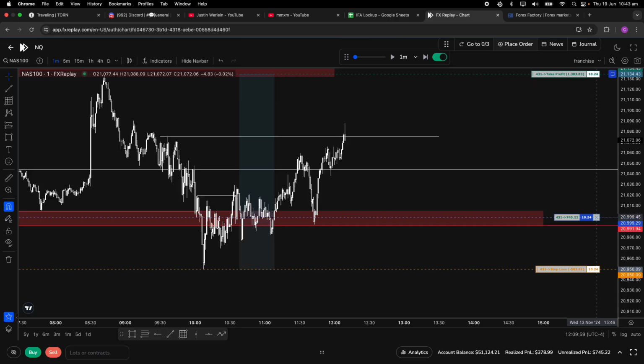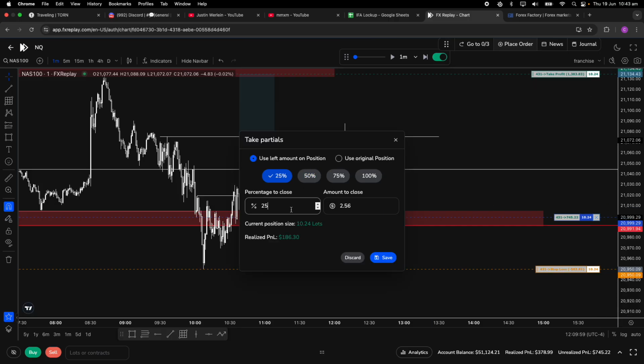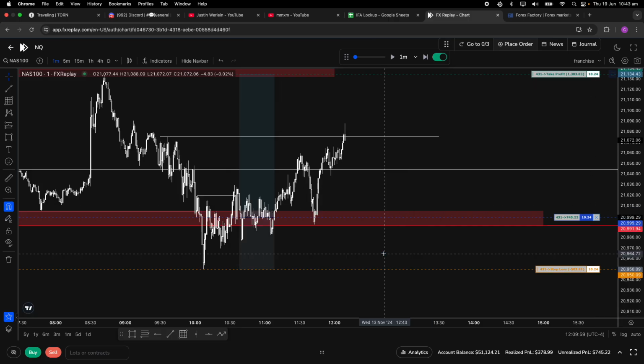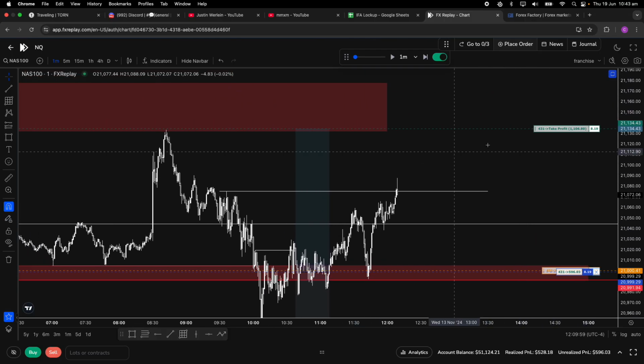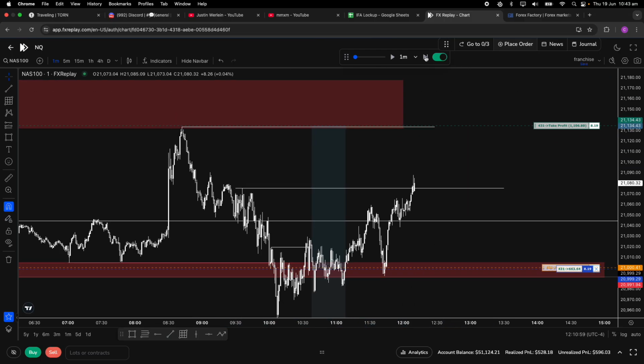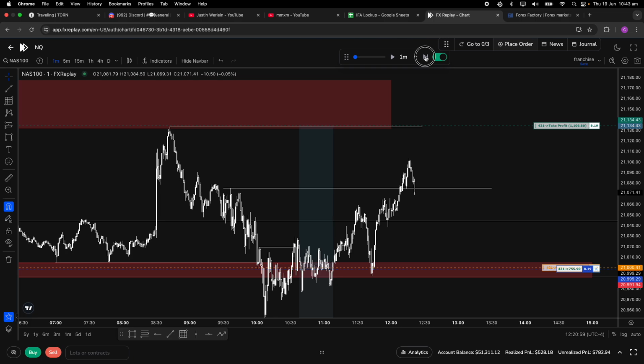Okay, taking that high now, and a partial of like 20%. Can then move stops to break even, and then obviously the final TP will be this buy side liquidity if we want to get there.